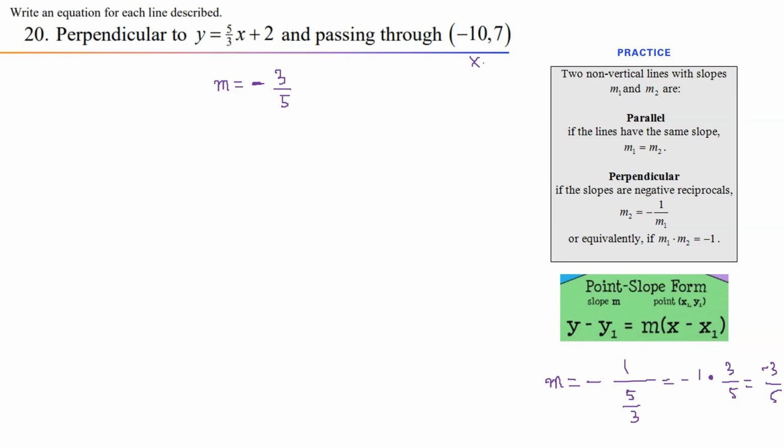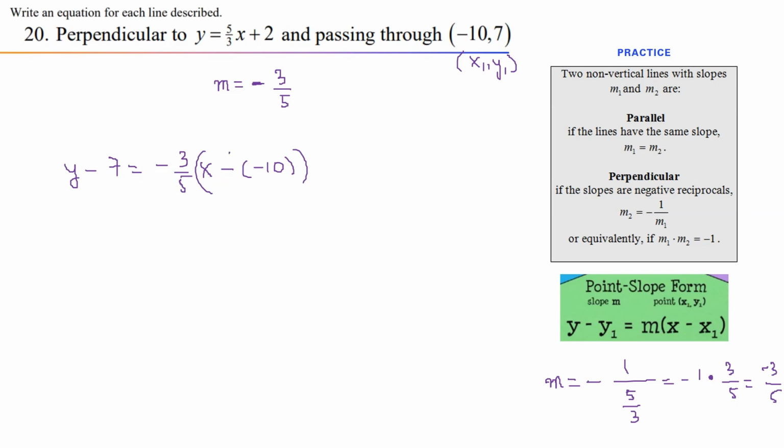Now we have x1 and y1 here as well. So y minus y1, which is 7, equals m, which is negative 3 over 5, times the parenthesis x minus x1, which is minus 10.